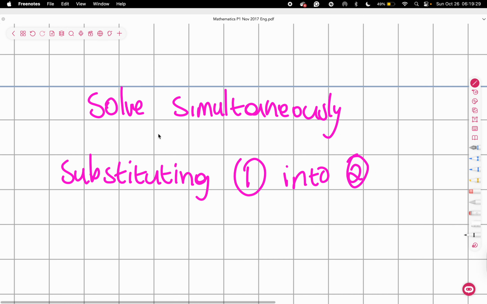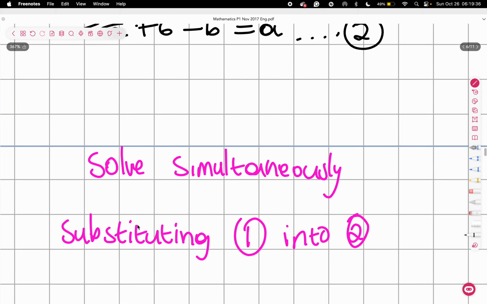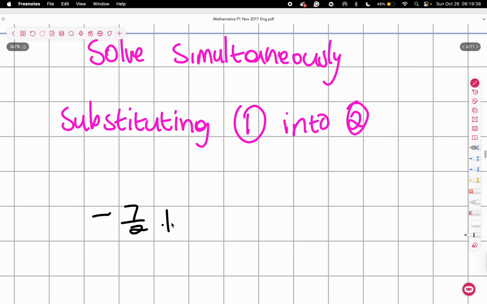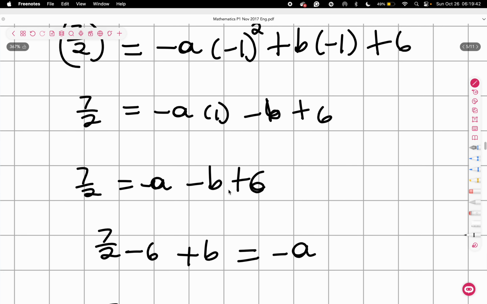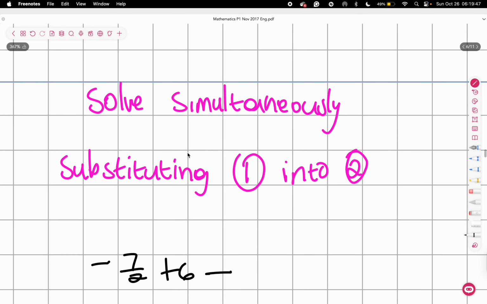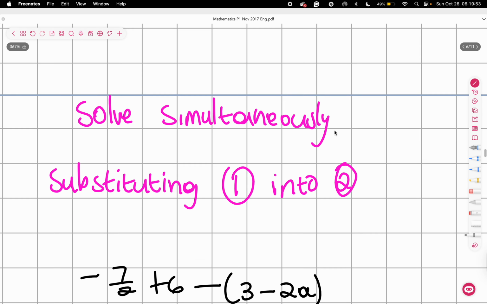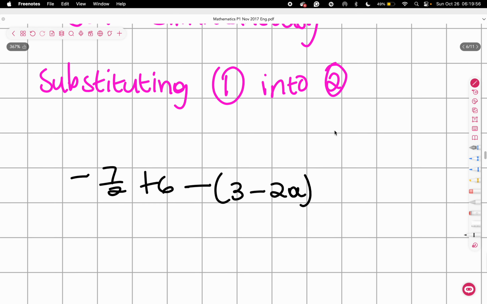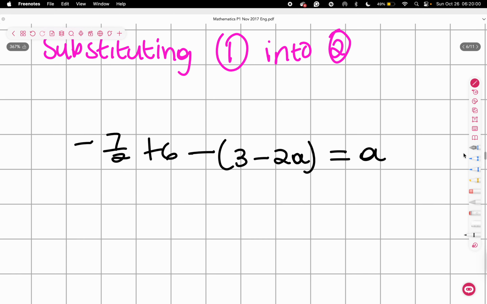What is equation 2? Equation 2 is negative 7 over 2 plus 6 minus b. So we said b is 3 minus 2a. So this will be 3 minus 2a, and then is equal to a. So let's solve for a.